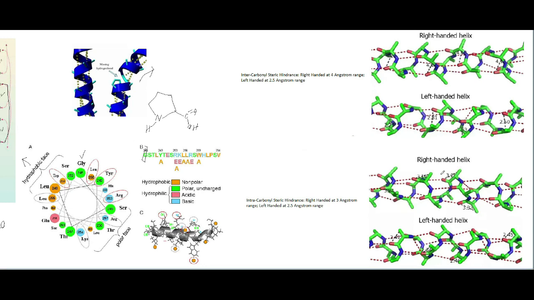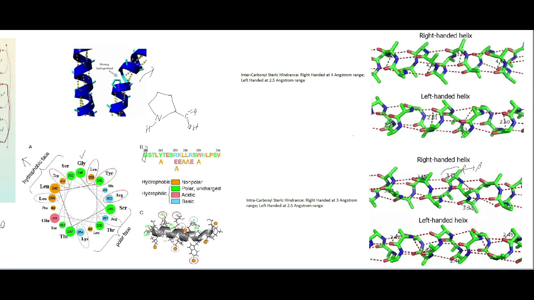So right here is probably the best place to see it. This is like an R, that's a side chain, and this is a carbonyl. It's kind of hard to see on this, but it says 3.21, and that's the distance between this carbon here, which would be the beta carbon on the side chain of our amino acid, and this carbonyl oxygen here, about 3.21 angstroms away.